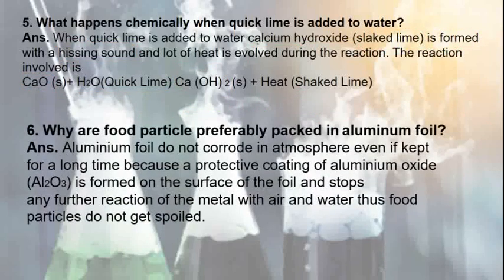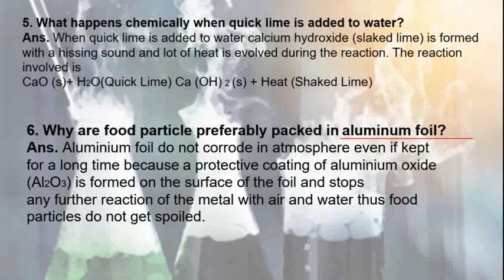Here they have given: why are food particles preferably packed in aluminium foil? Let us answer this question. Aluminium is a highly reactive element with oxygen. So when aluminium is brought into the atmosphere, it reacts with oxygen and forms aluminium oxide, which is a very protective layer. By forming aluminium oxide, it does not react with any other element.